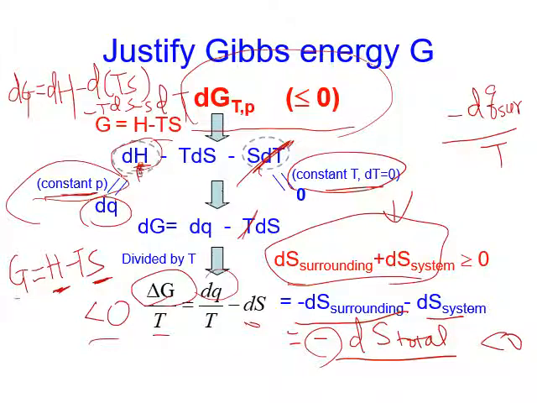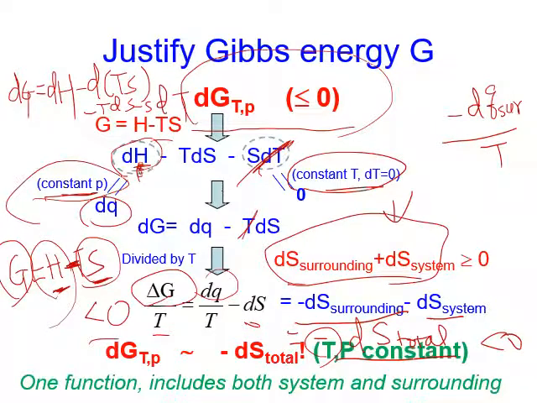And therefore one function, Gibbs energy, represents both the entropy of the system and the negative entropy of the surrounding. And so you have a negative sign here, and therefore when entropy increases, Gibbs energy decreases. So one function includes both the system and the surrounding.